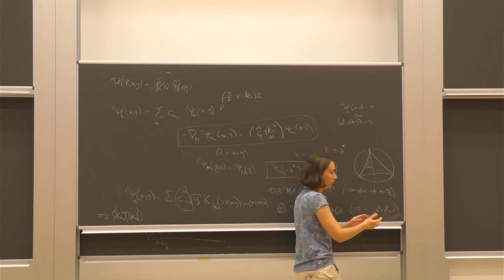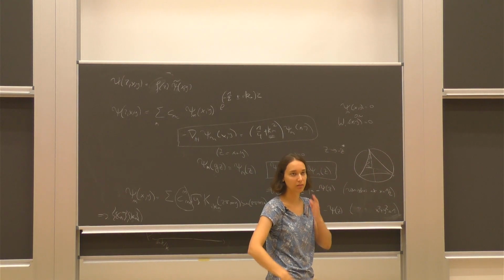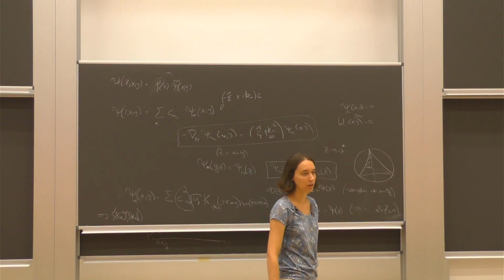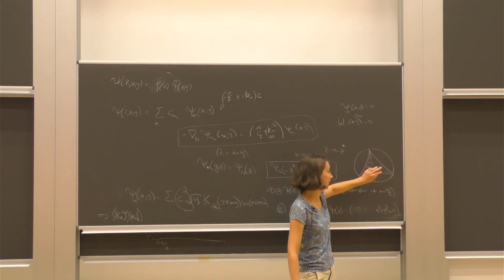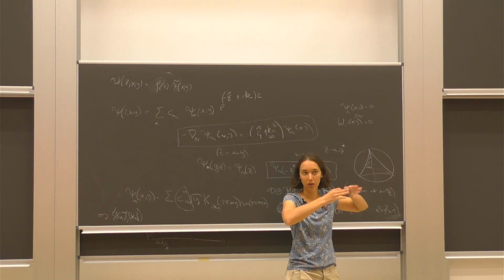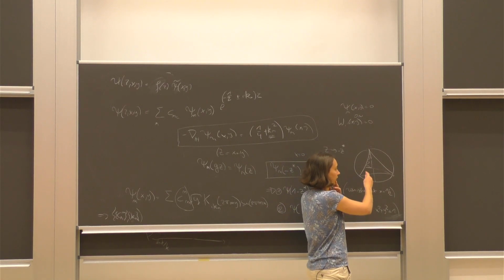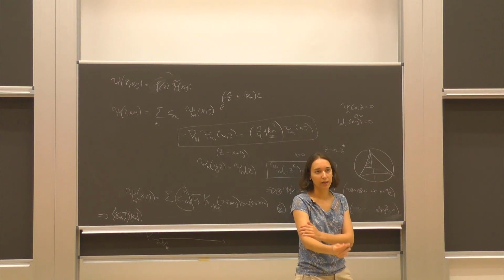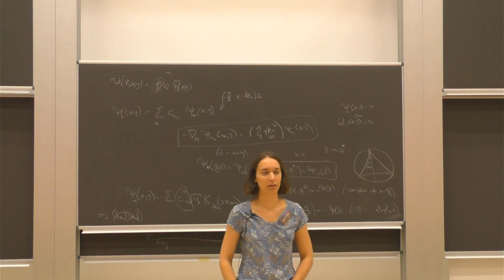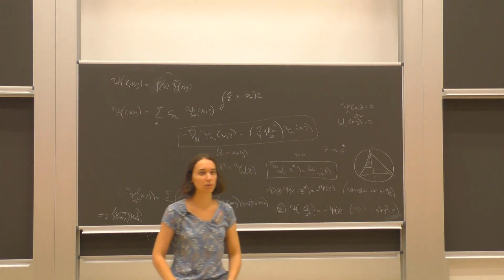You could try to vary these angles slightly, compute spectral statistics or whatever, and see how they move as you change those angles. It's only for specific angles that you find this arithmetic chaos, because it has to be related to a domain that is related to SL2Z or a subgroup of that. So if you move these angles, you would go away from this arithmeticity. That's the only way I can think of tuning.